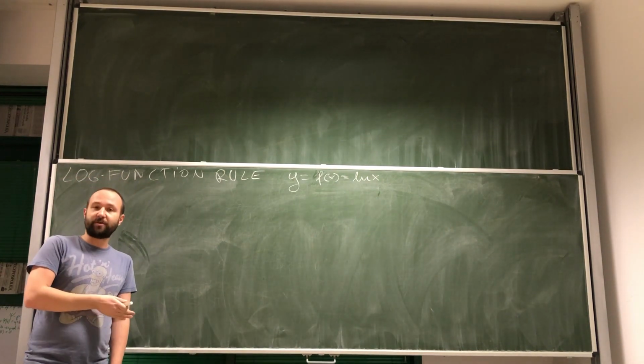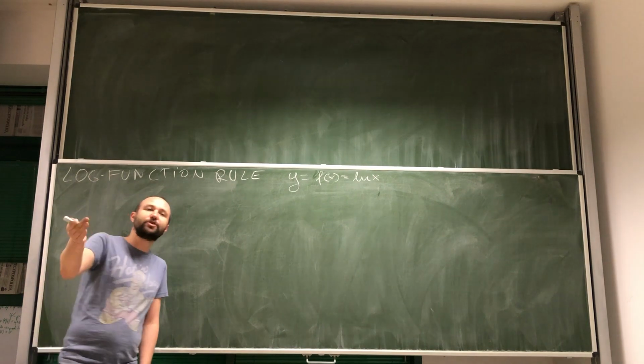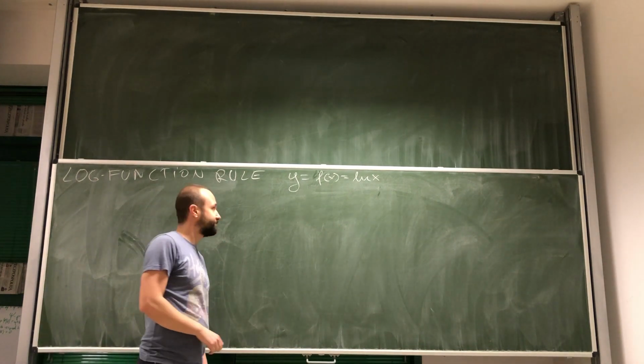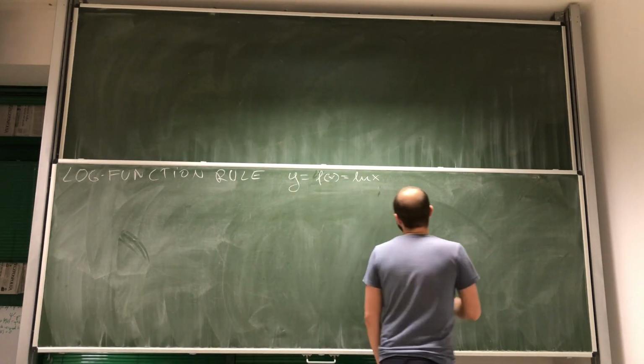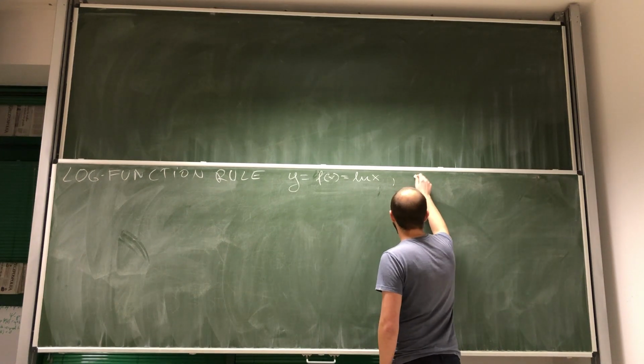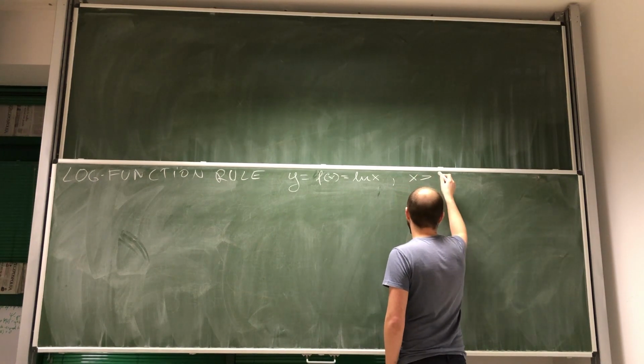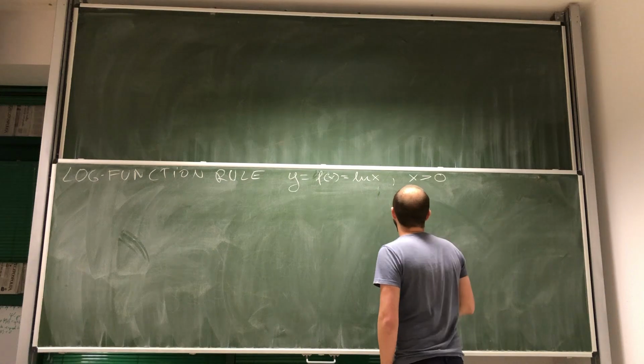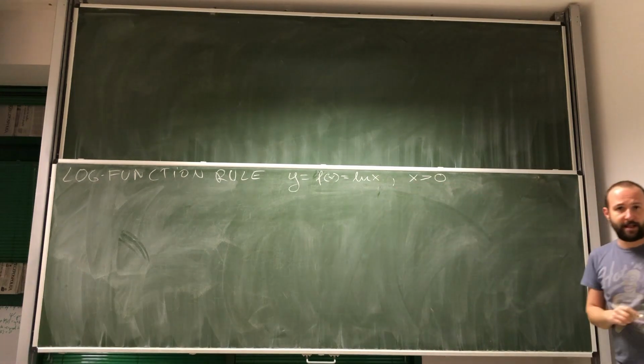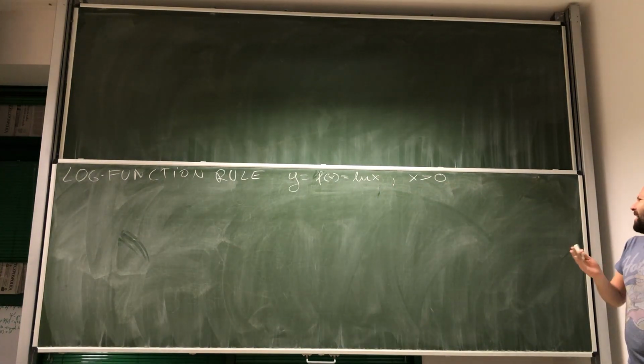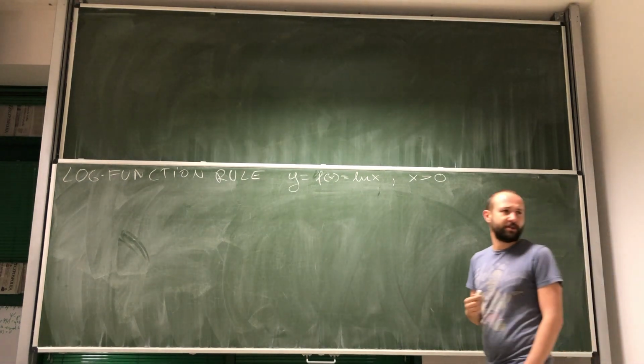We need to do it from the right hand side, and we need to do it from the left side. Let me just stress again that x here needs to be bigger than 0. And I think with this we can actually start.